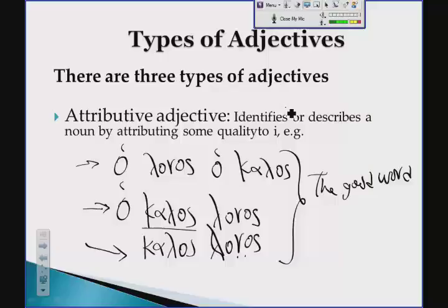You can start with ho kalos, ho logos. Doesn't matter the word order. Just look at the article. And then also here, there is no other way. The adjective must be between the article and its noun, or both of them must come without articles. Then the translation would be attributive, the good word. Are we there? Good. Now let's go to the second type.